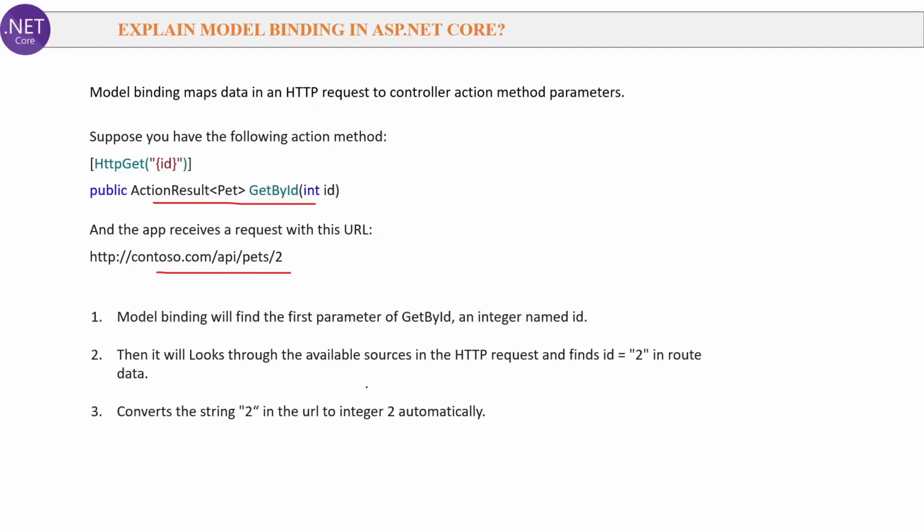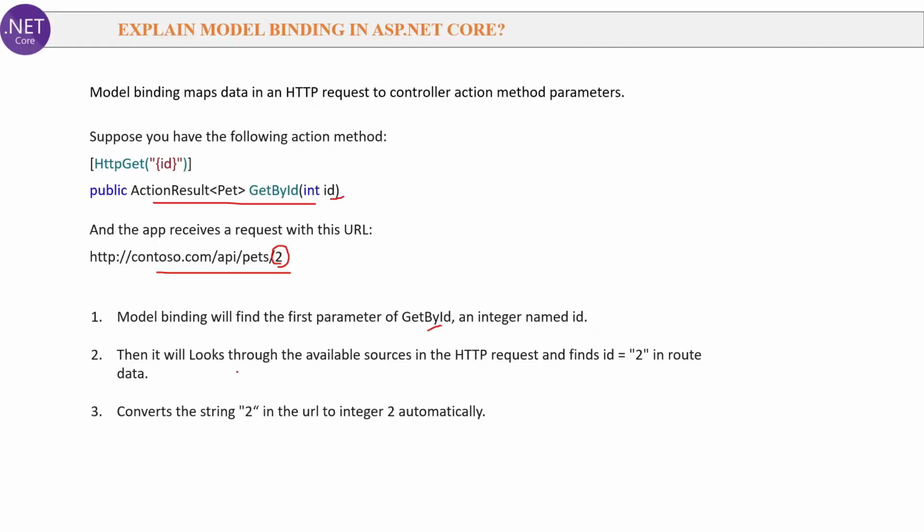Model binding will find the first parameter of GetById, an integer named id, which is here. Then it will look through the available sources in the HTTP request and find id 2 in the route data. Then it will convert this string 2 into integer 2.